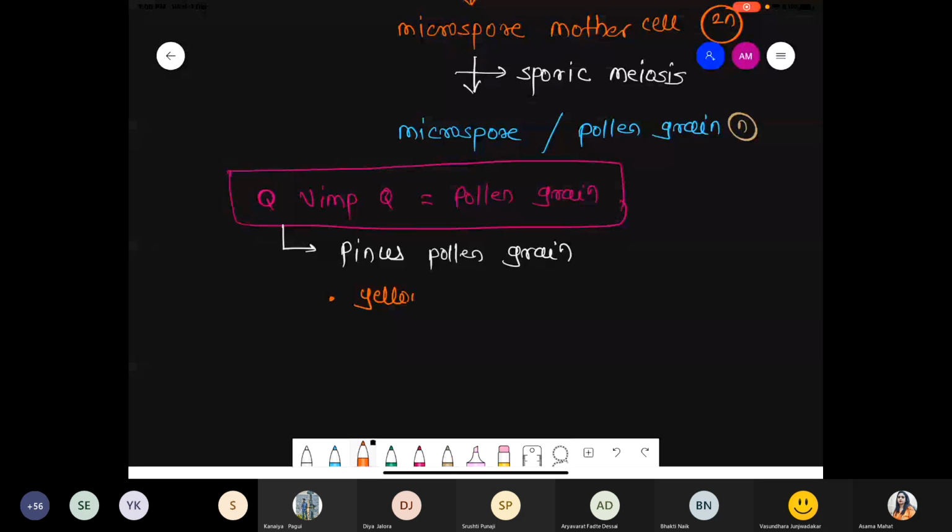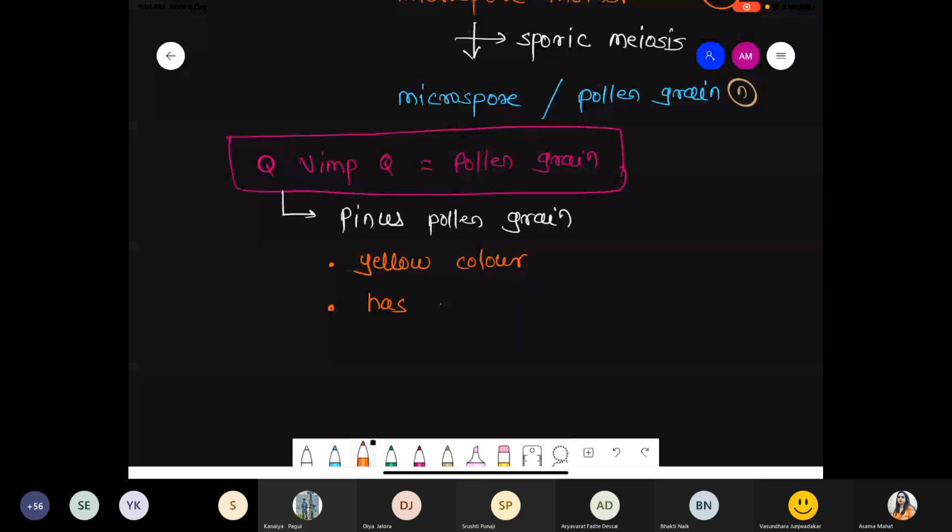Another one, the pollen grain has a two walled structure around it.